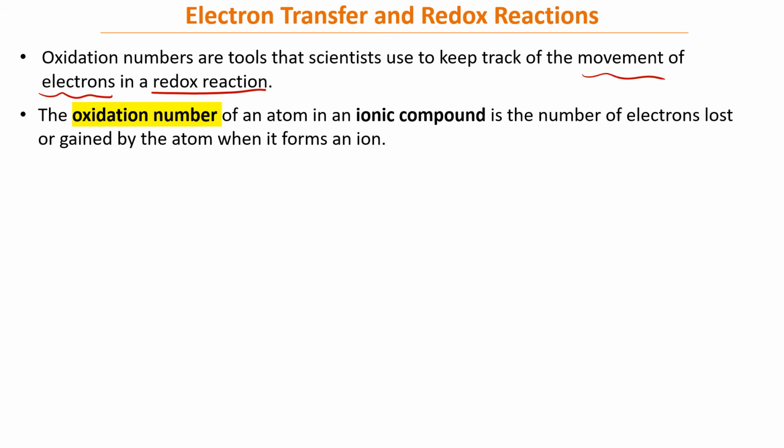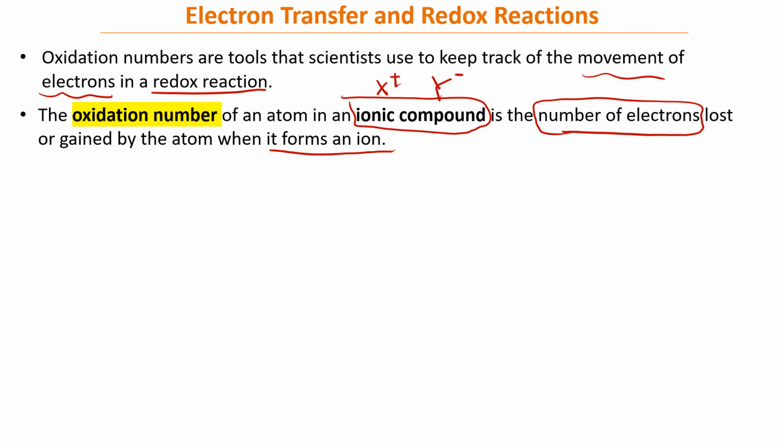Okay. Now we are going to talk only about ionic compounds, meaning you have a positive and a negative ion in the compound. Okay. So this is the definition of the oxidation number in an ionic compound. It is the number of electrons lost or gained by an atom when it forms an ion. الأكسيديشن نمبر أو عدد الأكسدة هو عدد الإلكترونات التي تفقد أو تكتسب عندما يتكون الأيون.